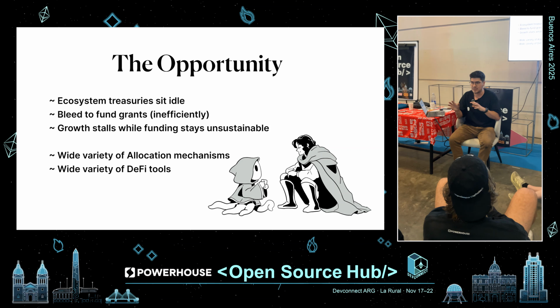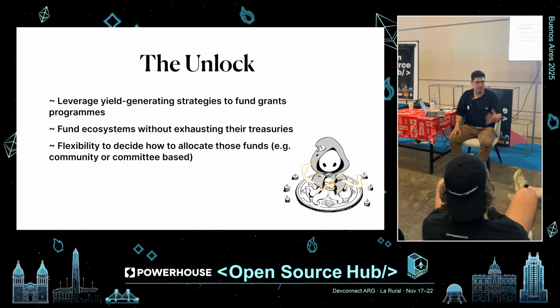And this can happen in many ecosystems. At the same time, we already have a pretty mature set of DeFi tools and also resource allocation tools like the one I mentioned, quadratic funding, or many other allocation mechanisms that exist out there. So we thought maybe we can do the same.